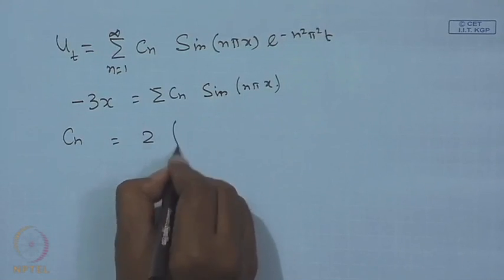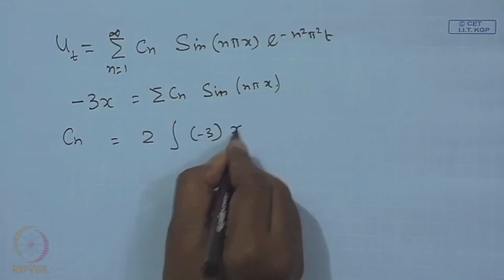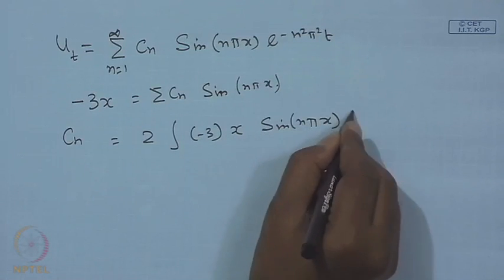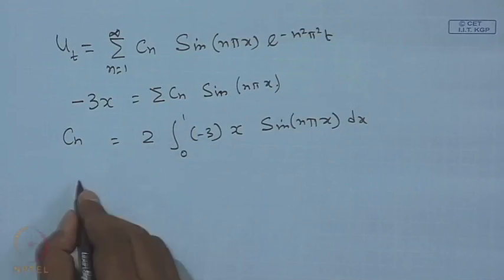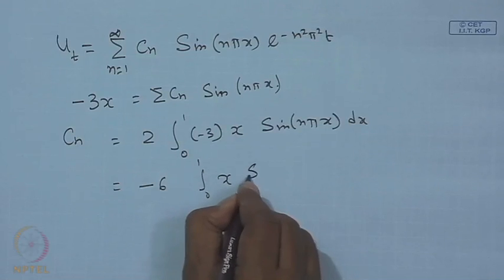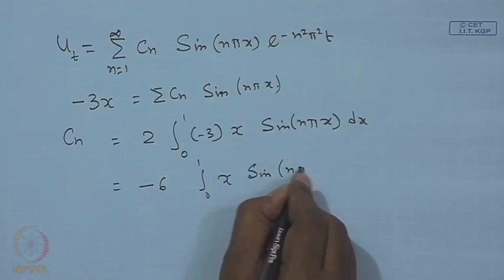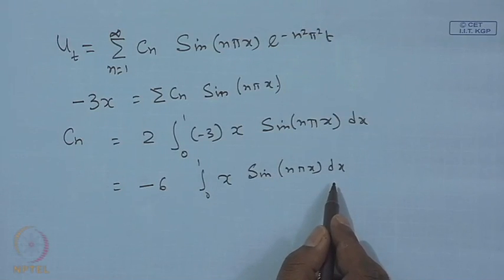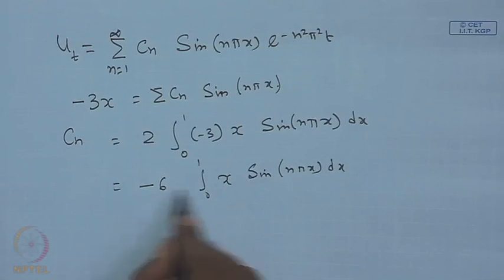So, we can get the C_n as 2 integral minus 3 times x sin n pi x dx from 0 to 1. So, it will be minus 6 integral 0 to 1 x sin n pi x dx, and we can integrate this out by using integration by parts and get the expression of C_n.